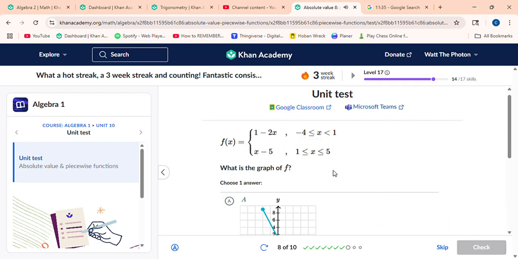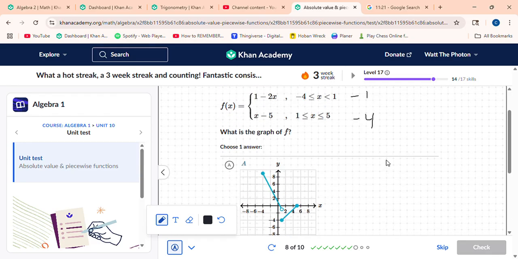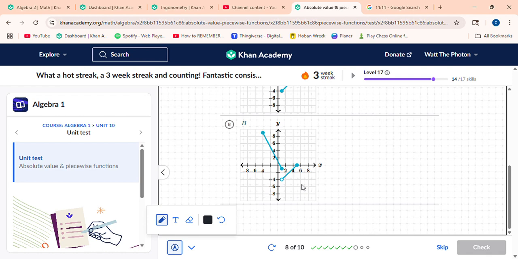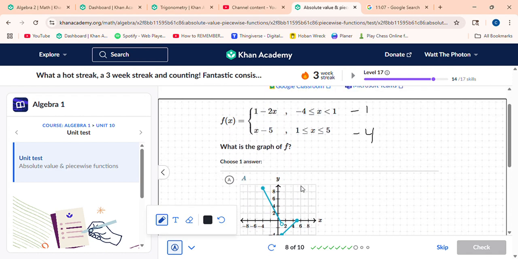What's the graph of f? 1. That gets us -1. And 1. That gets us -4. So 1 here, x is equal to 0. It's 1. So for greater than.